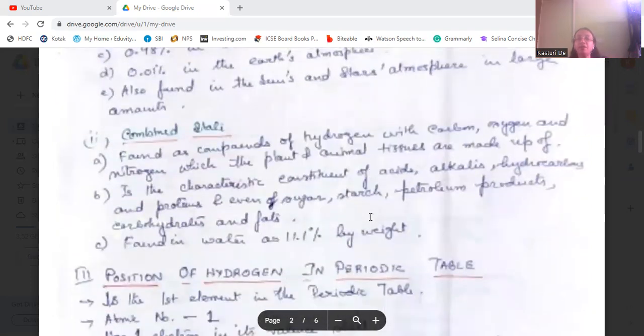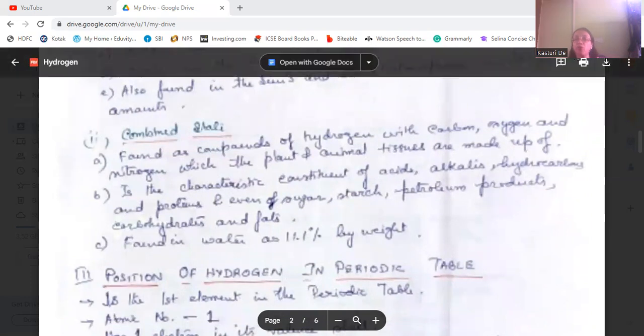Then in the combined state, it is found as compounds of hydrogen with carbon, oxygen, and nitrogen, of which plant and animal tissues are made up.